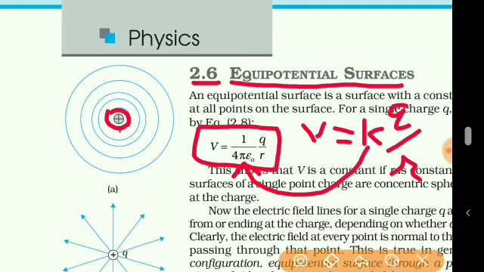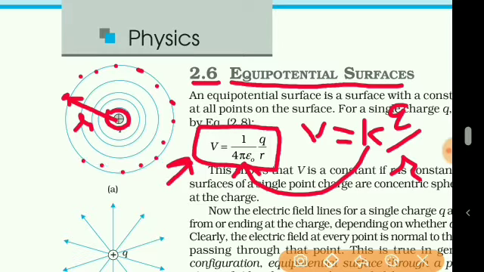So here also in this figure, due to this single charge at this distance, suppose r, the potential will be this much. But we know that around this charge q, we can get such many points having the same distance.